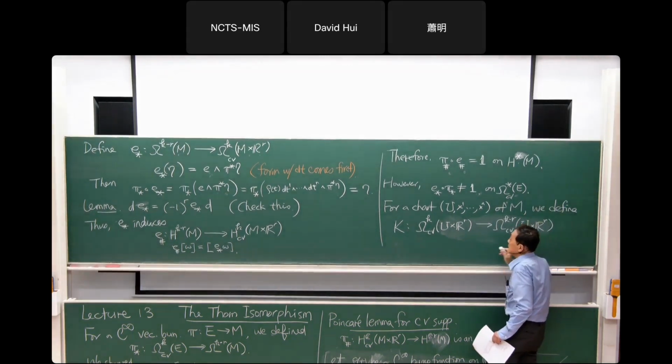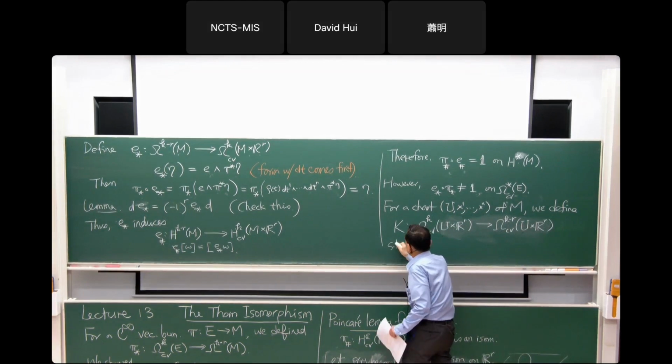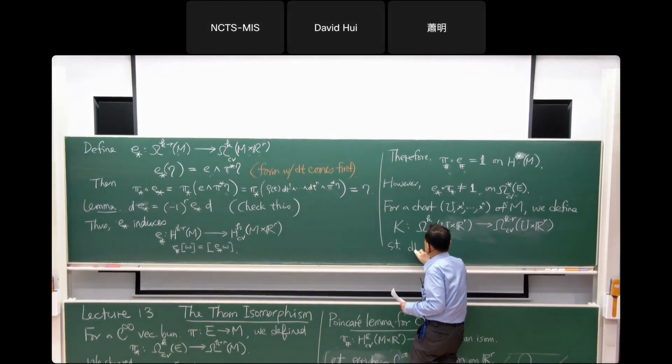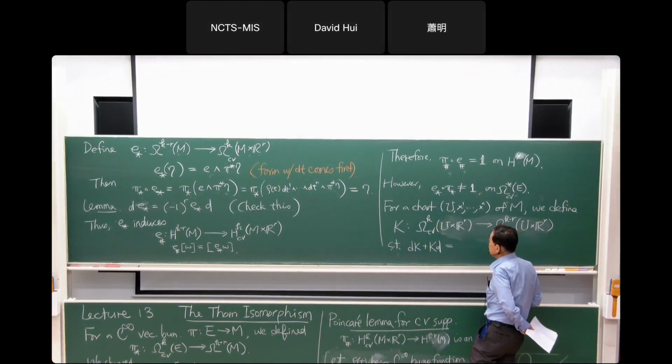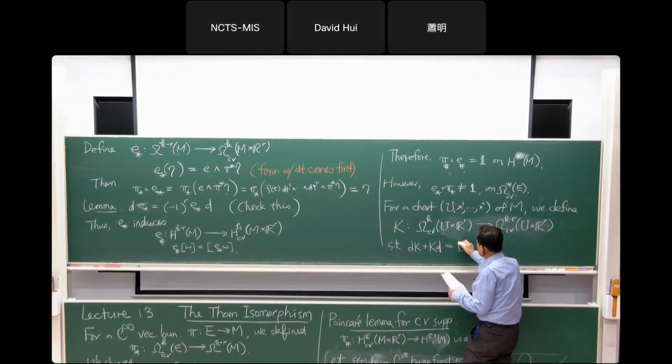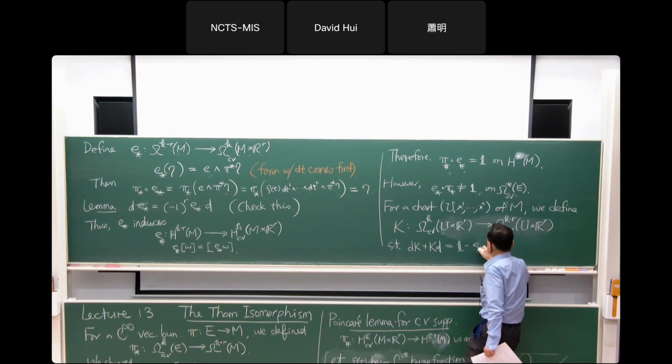Okay, so what we want is that dK plus Kd should be the identity minus E lower star pi lower star. Right?